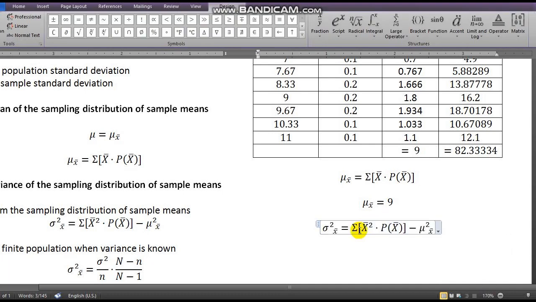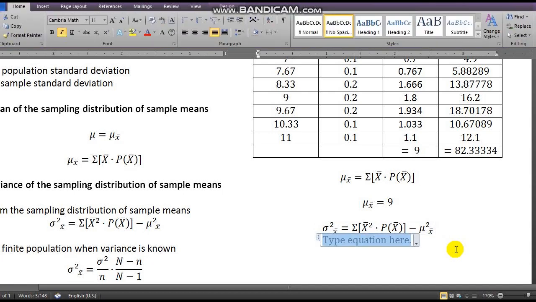So let's have this equation here. Let's copy this one. Take note that this value is 82.33334, and take note that the mean is 9, so minus 9 squared, which is equal to 82.33334 minus 81.